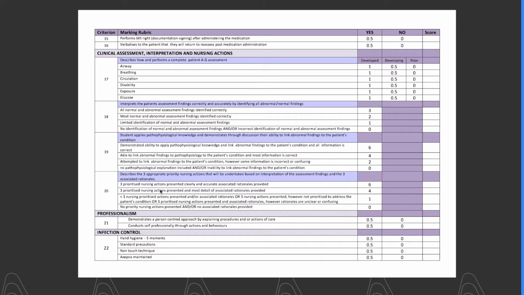A clear tip is think about what most of our patients in our clinical laboratories have needed in relation to some nursing actions that you've cared for. A tip is majority of our patients have deteriorated because the overarching theme for this session is recognising and responding to deterioration and A to G assessment.